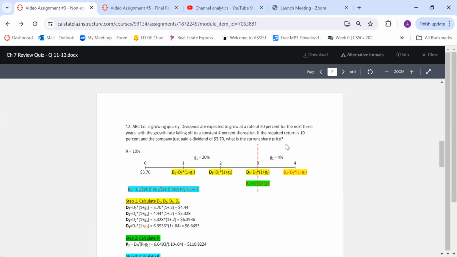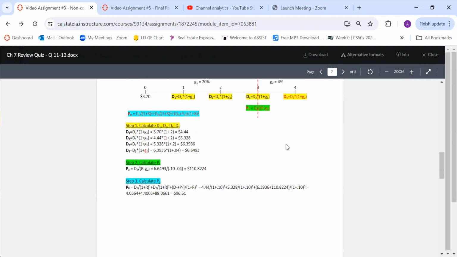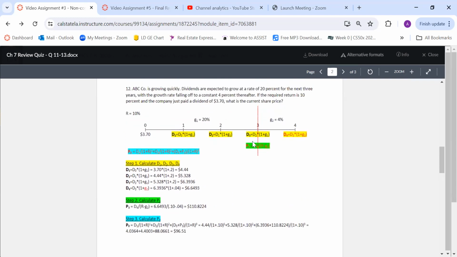For D4, we implement D3, but this time, since it's a different part of the equation, we use g2, the growth rate after, which is a constant 4%. So we multiply 6.3936 times 1.04 and get $6.65. Step 2 is to calculate the price at time 3.